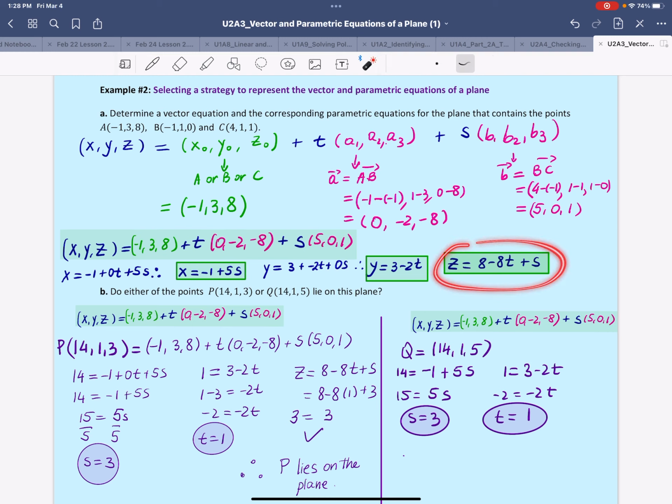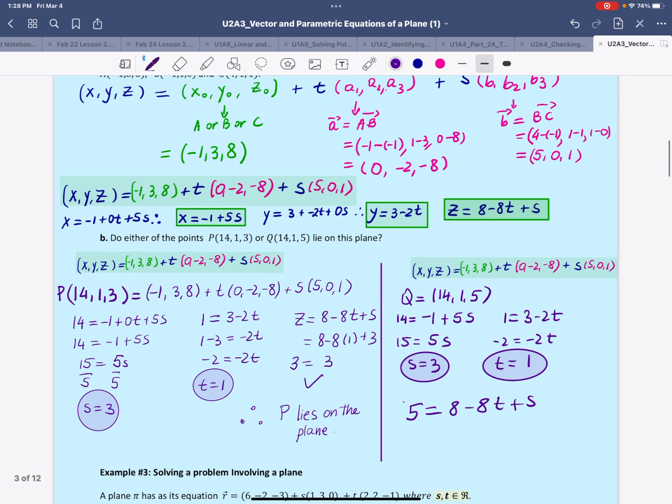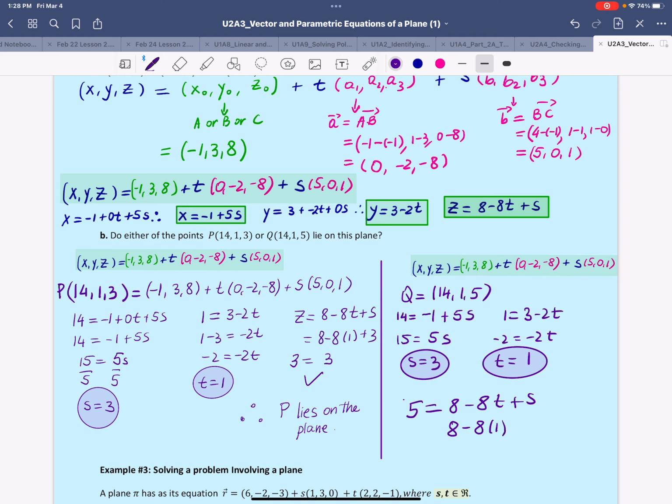Remember, this is z: 5 must equal 8 minus 8t plus s. The value of t is 1, the value of s is 3. As you can see here, we get 0 plus 3, or 3, and you can tell that the sides are not the same, which means that the z coordinate cannot fit with the s and t values that work for x and y. Point Q is not on the plane.